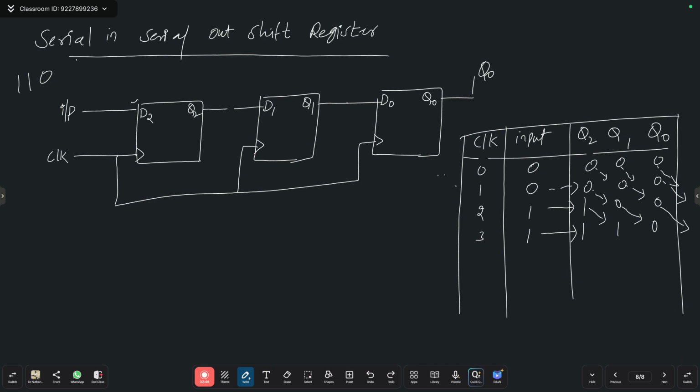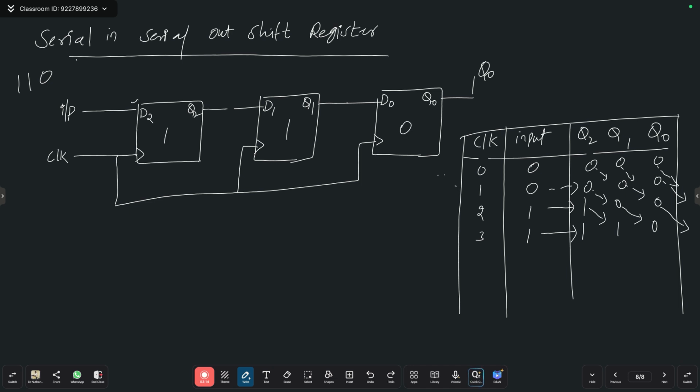Now here, what happened? Here your 110 is just in your registers. It is not transmitted. Yes or no? Now where is it? It is in your register. The first register, D2, contains 1, 1 and 0.